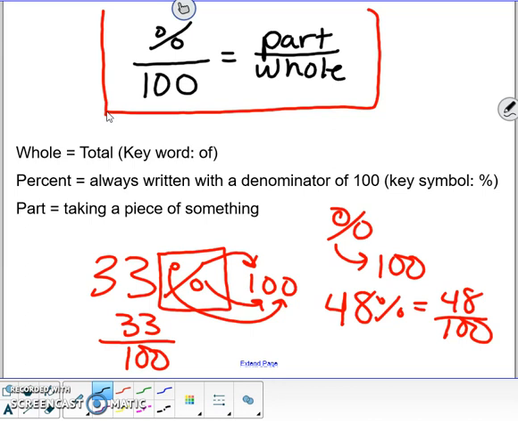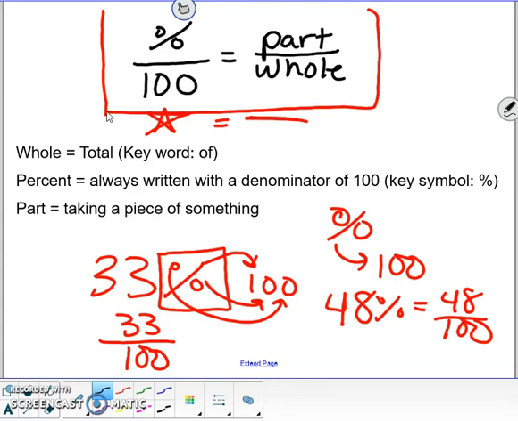On our proportions, you're always going to have one number with a percent over 100, then your equal sign, of course, to make it into a proportion, and then you're going to have something else that's not percent. You're going to have the part and the whole. Let's talk about what the whole is. The whole is going to be the total.